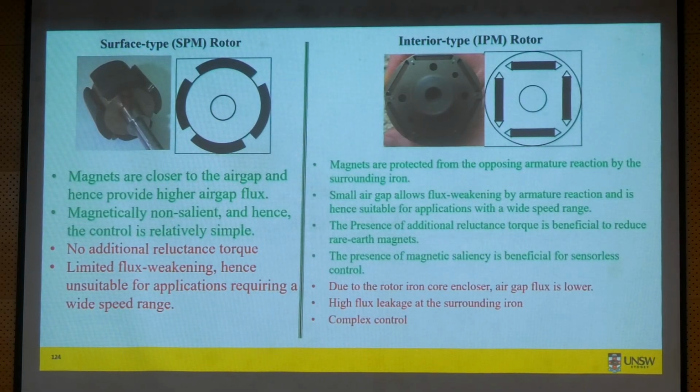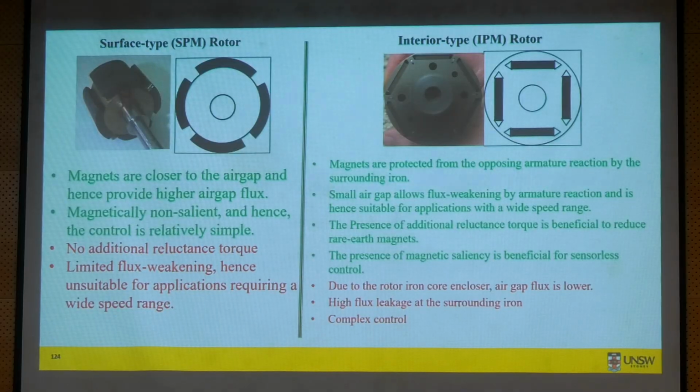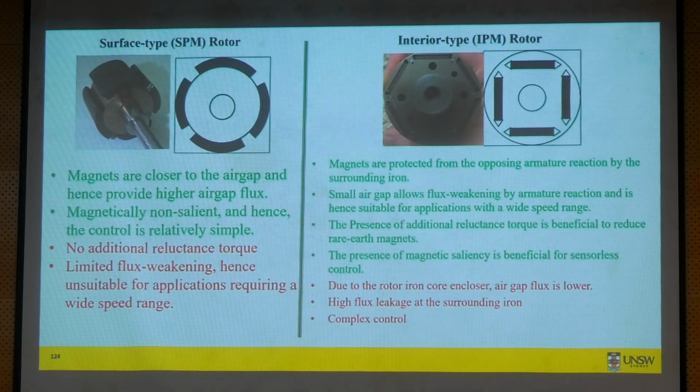So here you can compare some geometrical difference between surface type and interior type. And you can also see their advantages and disadvantages. Okay, I think we have already talked about the advantages, but look at the disadvantages.